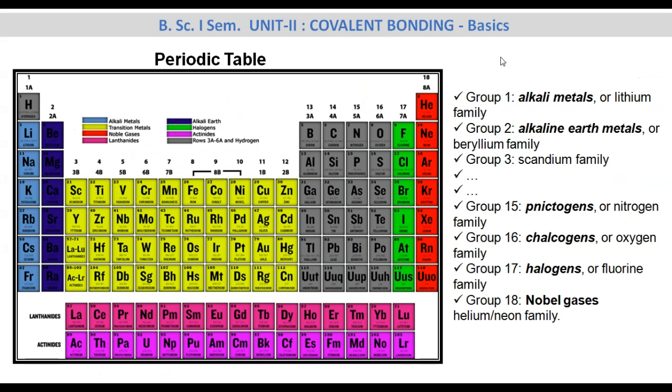If you see the stability of the other elements, for example, group 17 elements require 1 electron to attain the electronic configuration of the nearest noble gas. So the halogens require 1 electron, and the first group elements, that is alkali metals, can lose 1 electron and attain the stable electronic configuration.